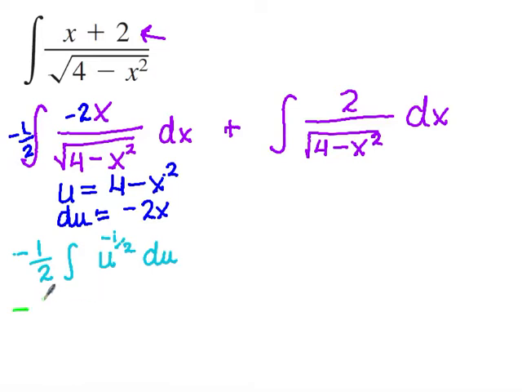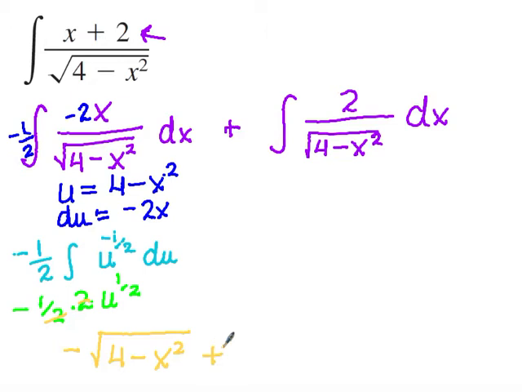So I have my negative 1/2 here. If I add 1 to u to the negative 1/2, I get u to the positive 1/2 times 2. So what ends up happening to your 2 and 1/2? They cancel, and that leaves me with negative square root of 4 minus x squared.